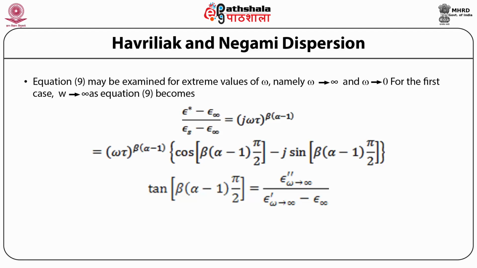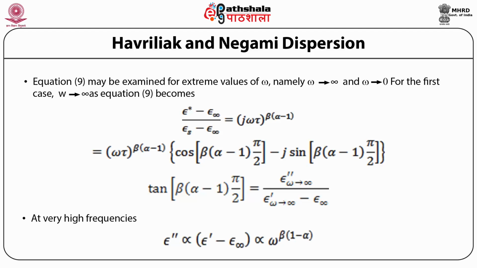For the first case, that is omega tends to infinity, equation 9 becomes (epsilon star minus epsilon infinity) divided by (epsilon s minus epsilon infinity) equal to (j omega tau) to the power beta into (alpha minus 1), which is equal to (omega tau) to the power beta into (alpha minus 1) times [cos of beta (alpha minus 1) pi by 2 minus j sine of beta (alpha minus 1) pi by 2], and tan of beta (alpha minus 1) pi by 2 is equal to epsilon double prime (omega tends to infinity) divided by [epsilon prime (omega tends to infinity) minus epsilon infinity].